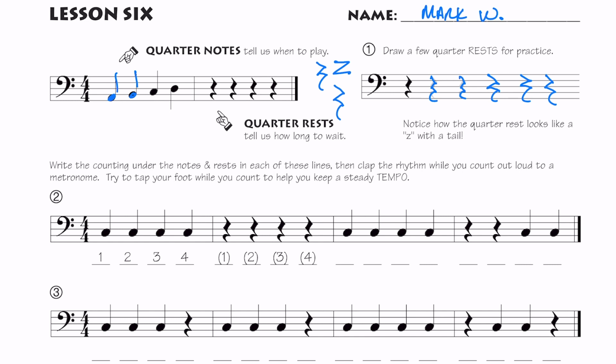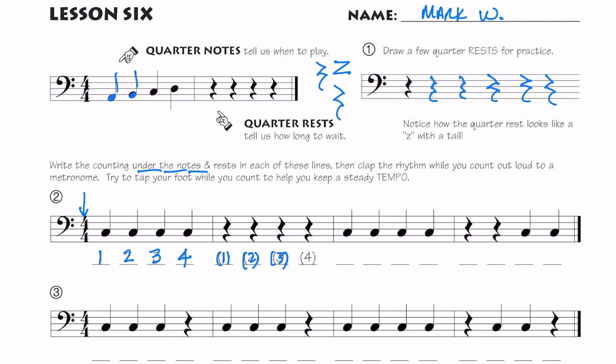All right, so first thing we're going to do here on number 2 is write the counting in under the notes and rests. There are 2 methods of doing this. One is not what I typically do: I write the numbers in, and then on the rests I put those in parentheses.